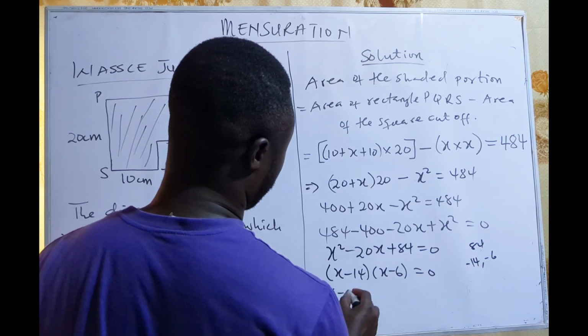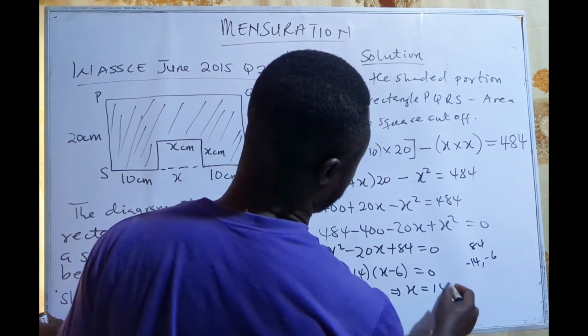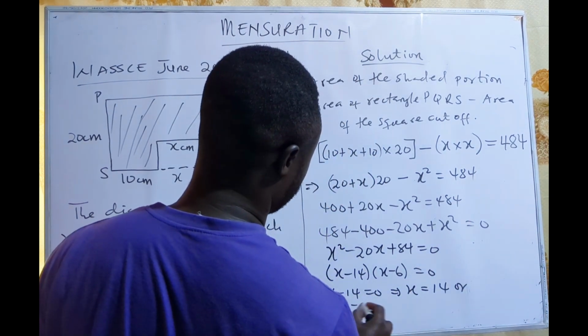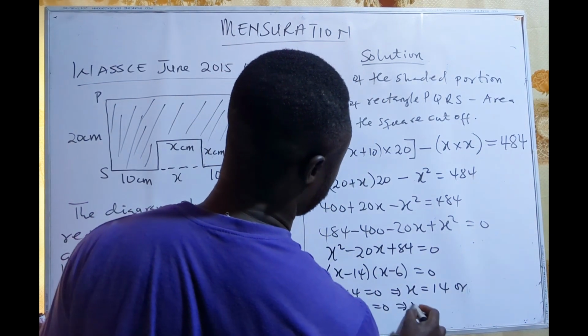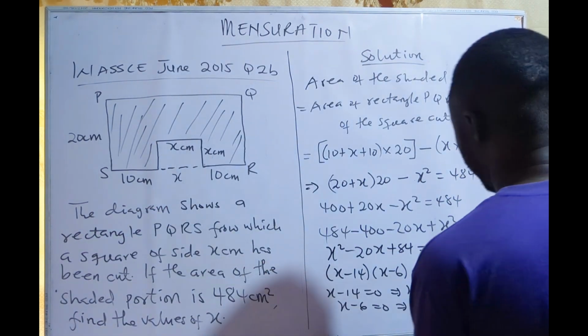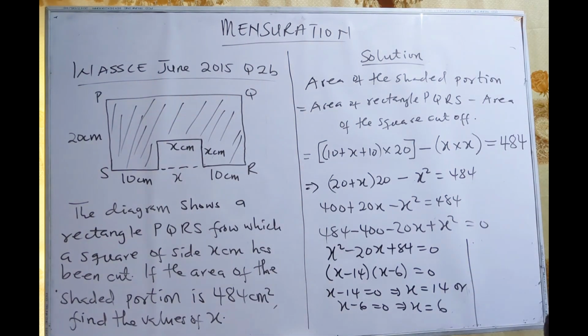So either x minus 14 is equal to 0, which means x will be 14, or x minus 6 is equal to 0, which means x can be 6. And the question said we should find the values of x.